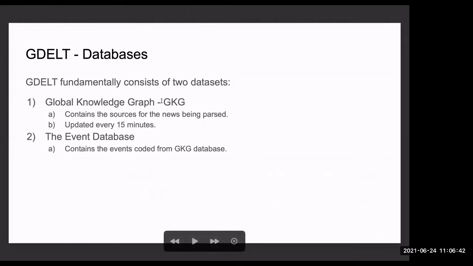So GDELT is then basically two data sets. We have the global knowledge graph, which contains these sources, these records of news, and that is being updated every 15 minutes, parsed. And during this parse procedure, the events are then identified, and they are stored in another database. So they are linked to each other. We have the original records, and then all the events that are being identified are in another database.